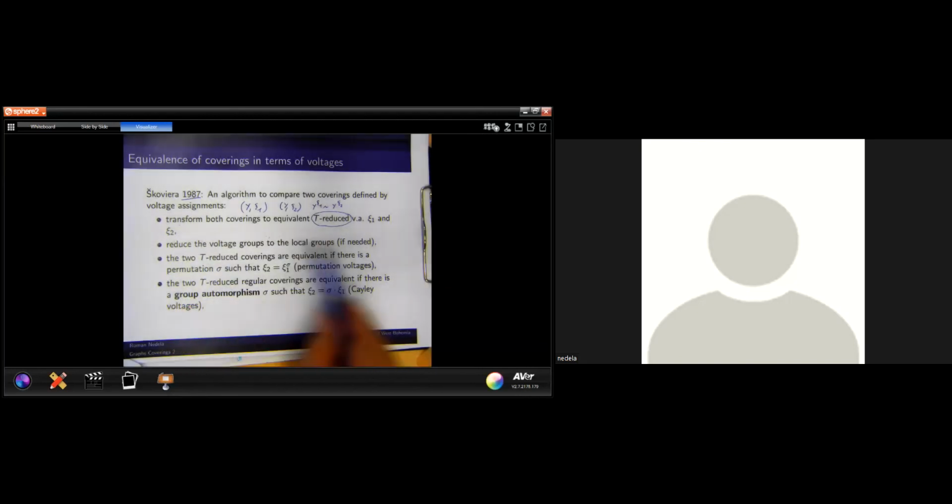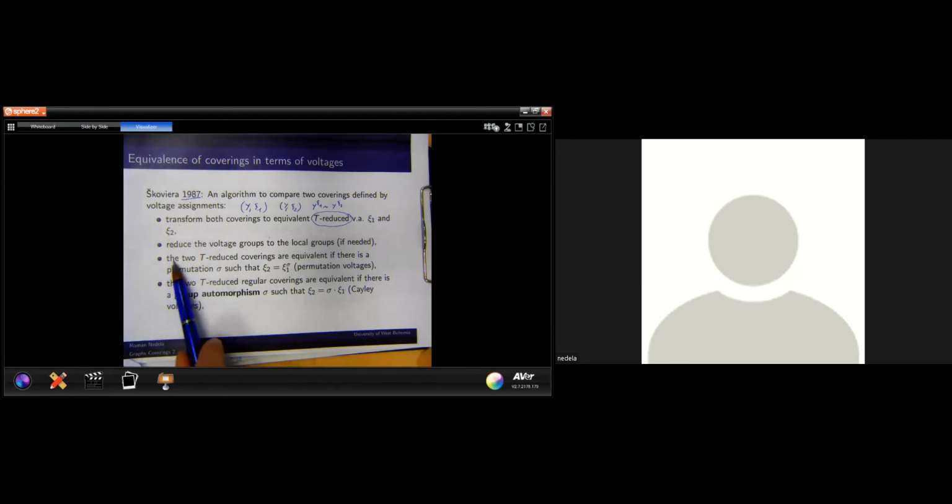Okay, so let's come back. So this was how to apply. This is the first step. We reduce the voltage group to the local groups. For the first step, this reduction is done no matter what the voltage assignment is, whether it is an ordinary voltage, Schreier, or permutation voltage assignment.